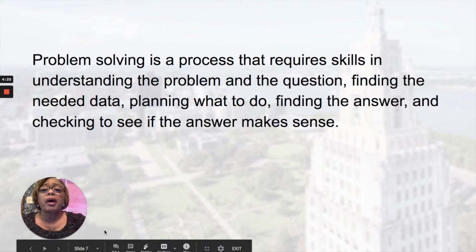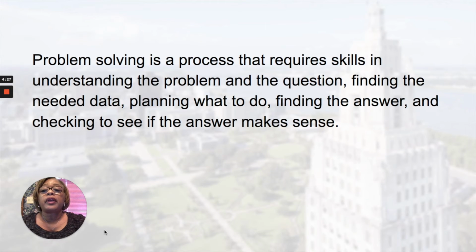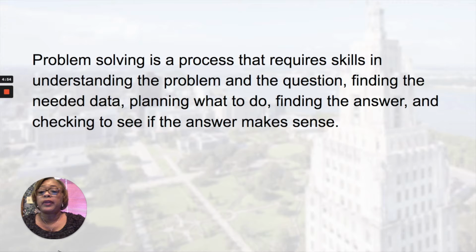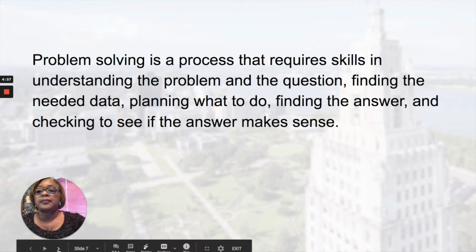So when we think about problem solving, as I mentioned earlier, it is a multifaceted task. It is a process that requires skills in understanding the problem and the question, finding the needed data, planning what to do, finding the answer, and most importantly, checking to see if the answer makes sense. So it can be a complex process, but it's definitely one that our students are more than capable of achieving.